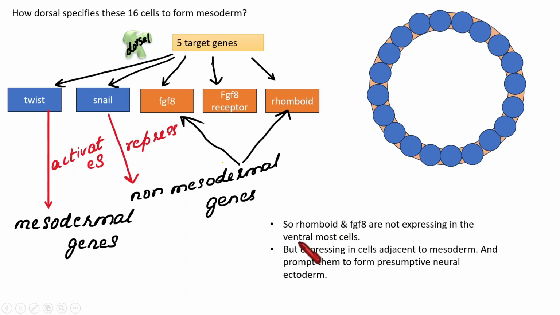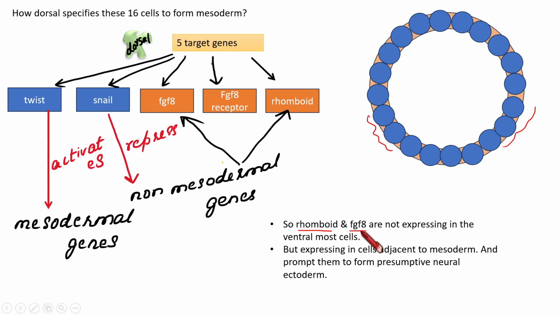That is what is mentioned here. So rhomboid and FGF8 are not expressed in the ventralmost cells, but they are expressed in the cells adjacent to those 16 ventralmost cells. In those cells, these two genes will express, and their proteins will form there.